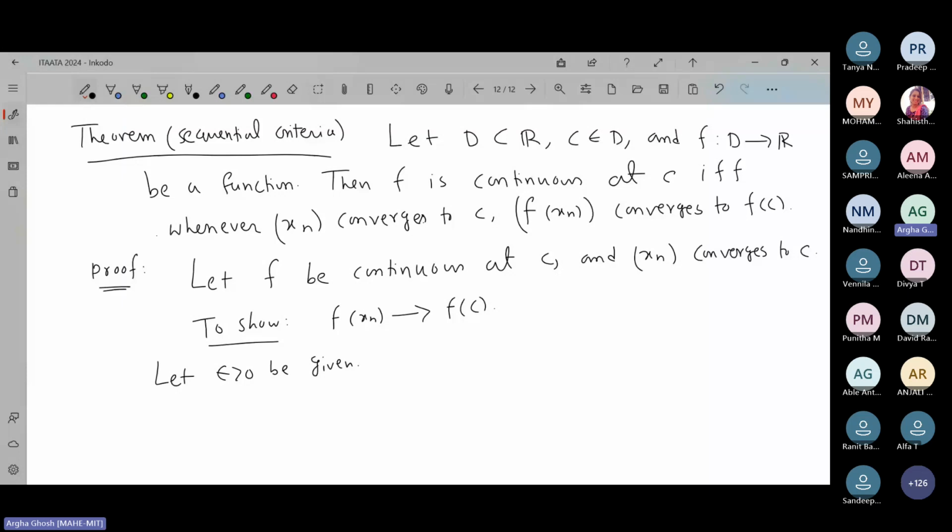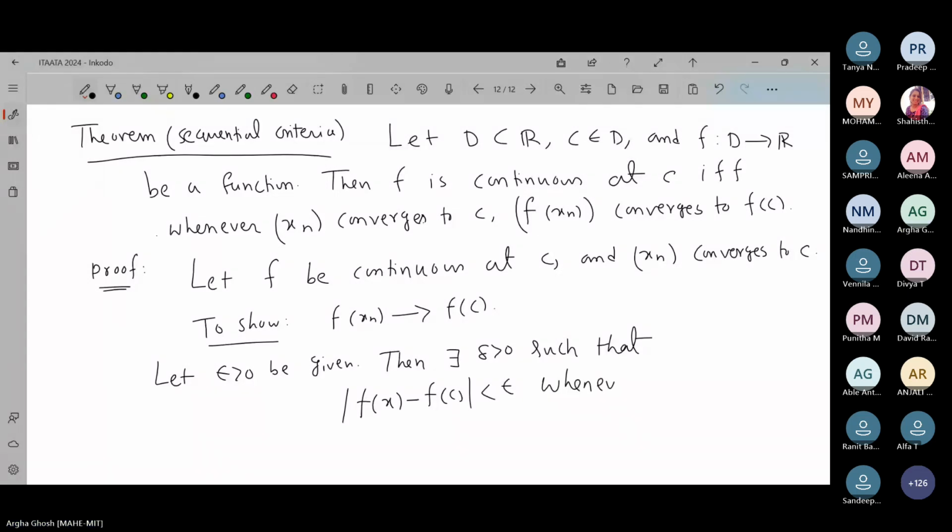Then by continuity, since f is continuous at c, there will exist a delta greater than 0 such that |f(x) − f(c)| is less than epsilon whenever |x − c| is less than delta. Fine. That's the definition of continuity at the point c.